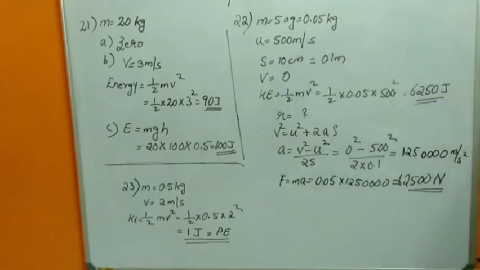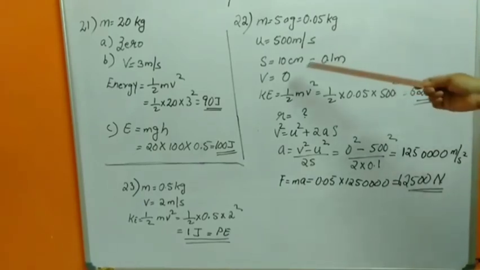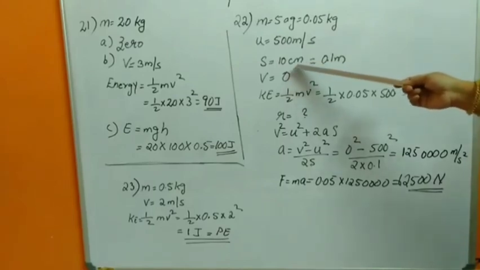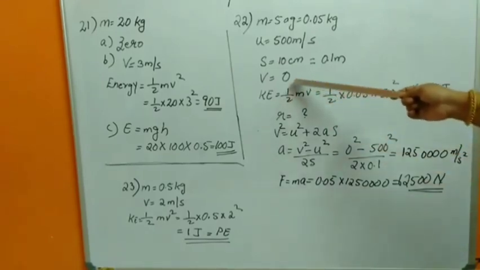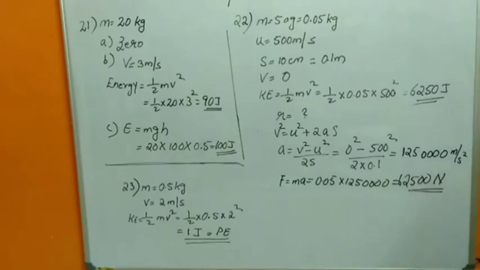It penetrates 10 centimeter into a steel target. So when the bullet is fired, it penetrates the target and moves a distance of 10 centimeter, converting to SI unit, 0.1 meter, and comes to rest. That means final velocity is 0.